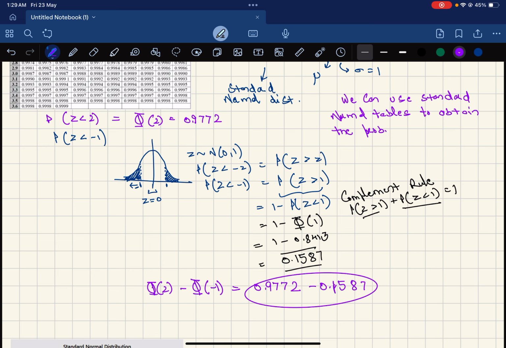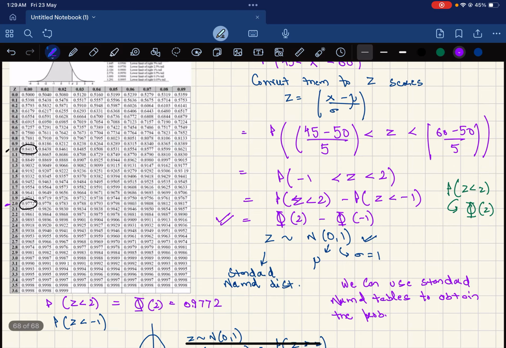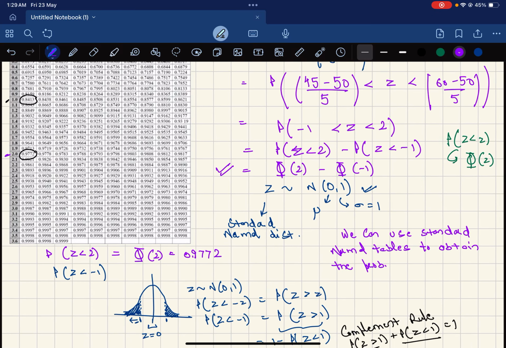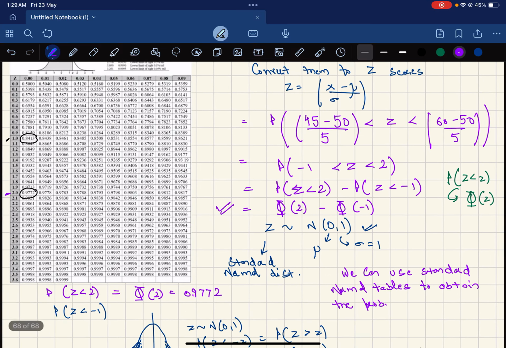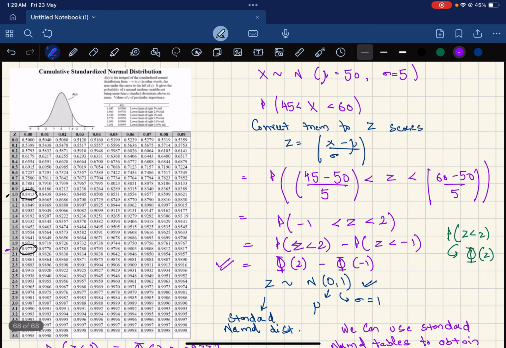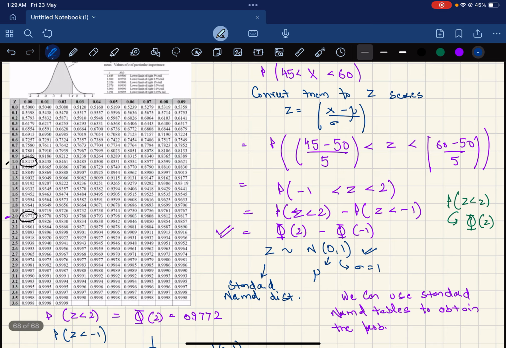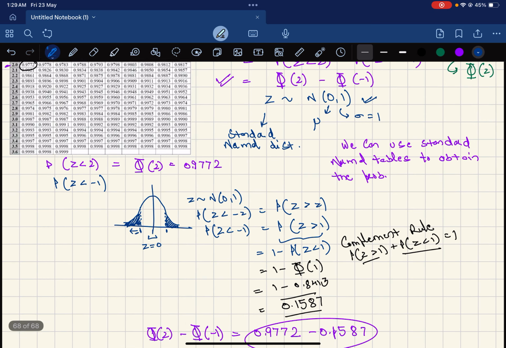So this is how we use the standard normal tables to get any probability in any x range for any normal distribution. The first step is always to convert the normal distribution into z-scores, or into a standard normal distribution which has a mean of 0 and standard deviation of 1. The next step is simply to use the standard normal tables to get the required probability.